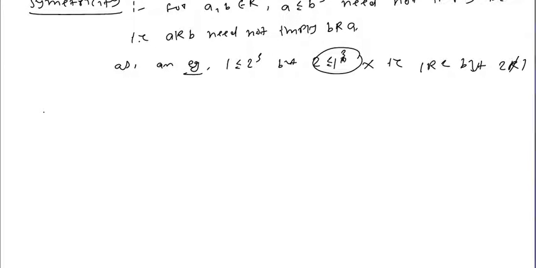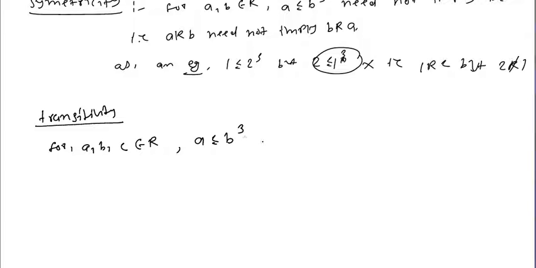Now check the condition for transitivity. For transitivity we have to choose three elements. For a, b, c belonging to R, a less than or equal to b cubed and b less than or equal to c cubed also need not imply a less than or equal to c cubed.